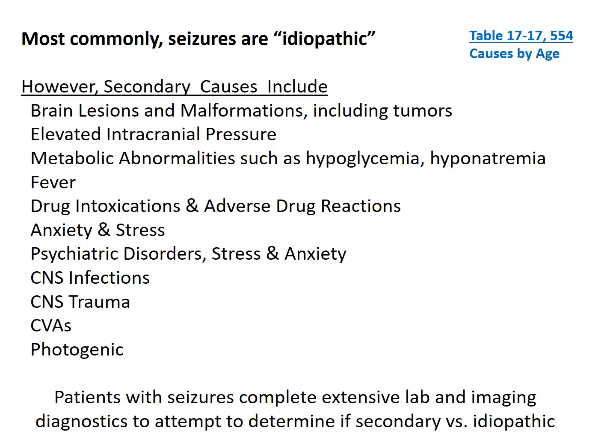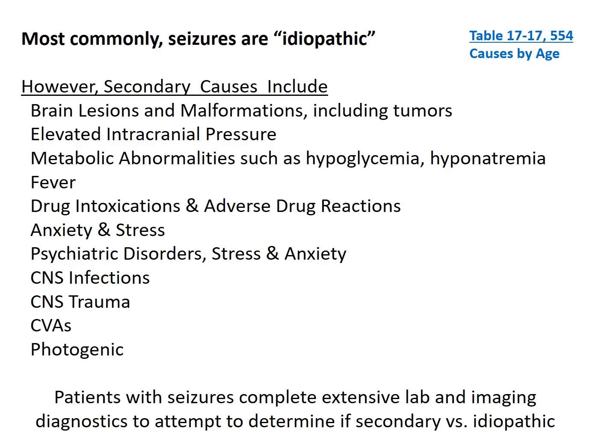Some individuals have secondary causes of seizures: brain lesions, including tumors and strokes, elevated intracranial pressure, metabolic abnormalities such as low glucose, low sodium, particularly in children, febrile seizures, drug intoxications, anxiety, stress, psychiatric disorders, CNS infections like meningitis, head trauma, post-concussive seizures, or seizures due to bleeding on the brain, strokes, and photogenic, right? So there's a fairly long list in terms of why an individual may be having seizures.